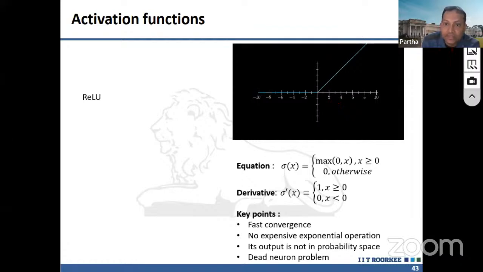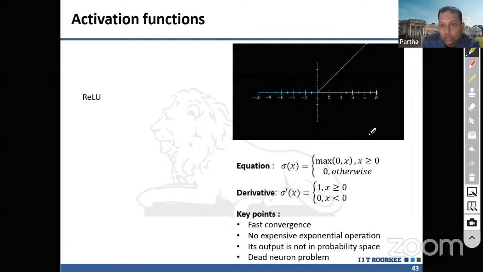If x is positive, then y will be positive. But if x is negative, the outcome will be 0. So if x is greater than or equal to 0, it will be x, otherwise it will be 0.